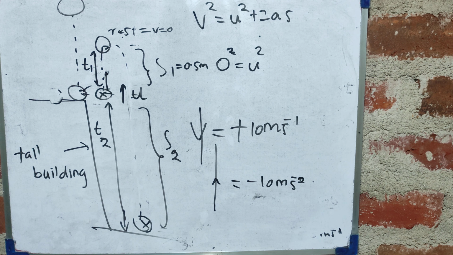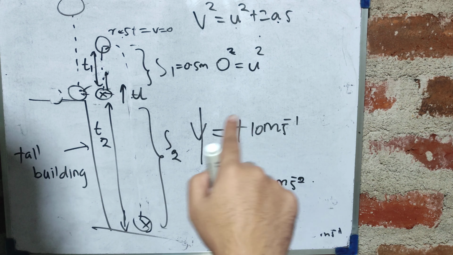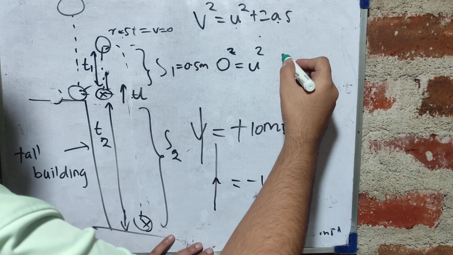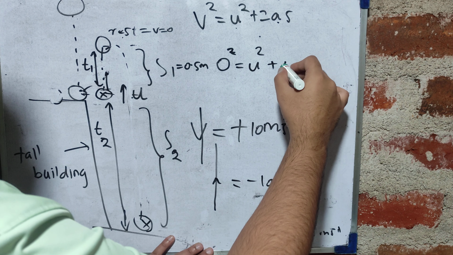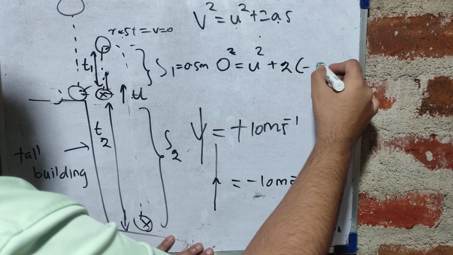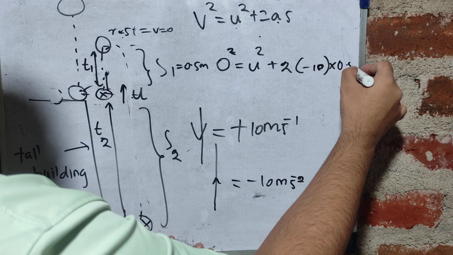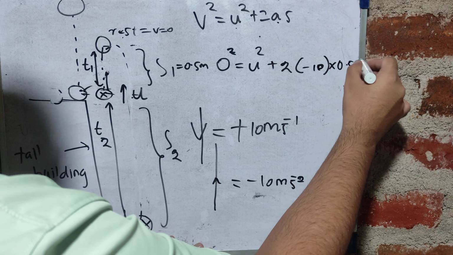If its velocity is decreasing, then there is deceleration, so the acceleration should be negative. So let me put here plus 2 into minus 10 into 0.5.